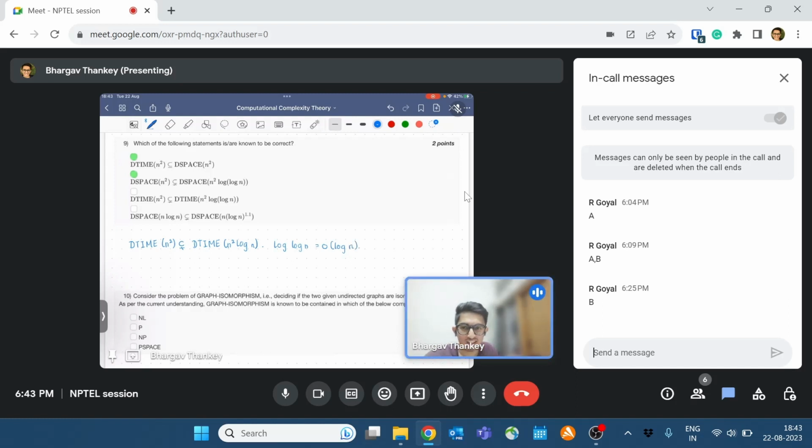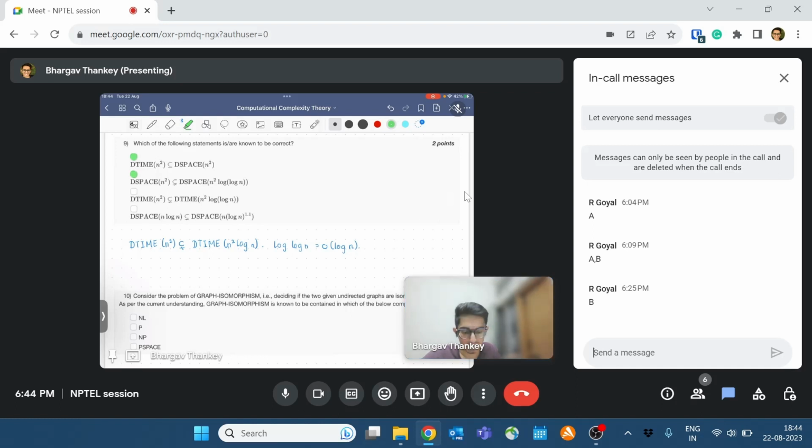Basically, one very dirty trick to check whether log n is small o of log n is to take the ratio and take the limit as n goes to infinity. That limit is clearly zero, so log n is small o of log n. So at least from the time hierarchy theorem, we cannot say that C is correct. As of now, it's not known whether C is true or false.